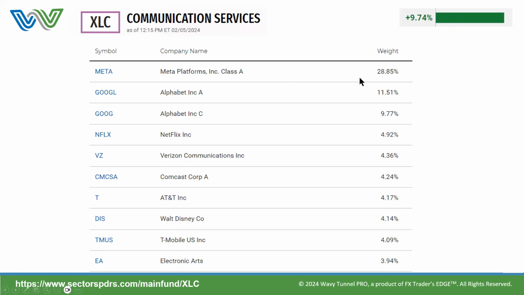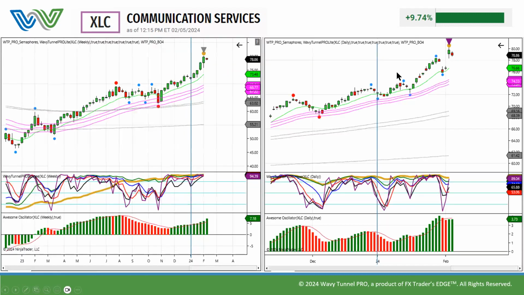So Meta has a weight of 28.85%, Google 11.51%, etc., down to 3.94%. So these are the 10 highest weighted stocks, not the biggest performer, although Meta is, but the highest weighted stocks under the Communication Services ETF, XLC. So let's look at XLC now and see where we are in the market cycle.